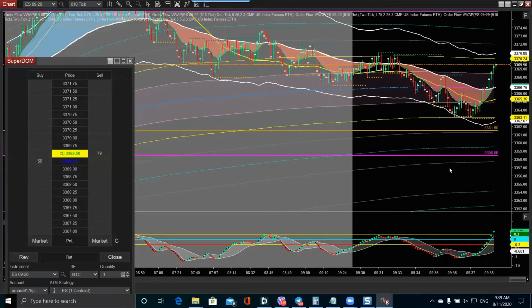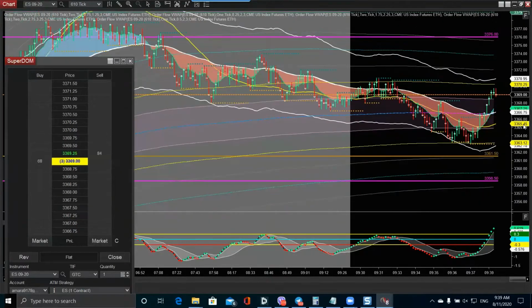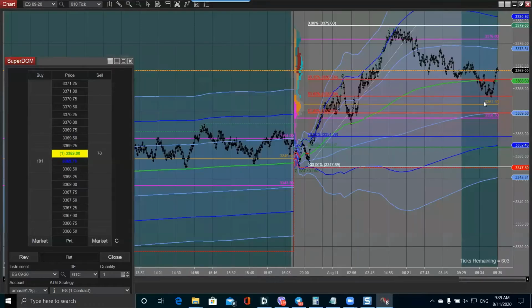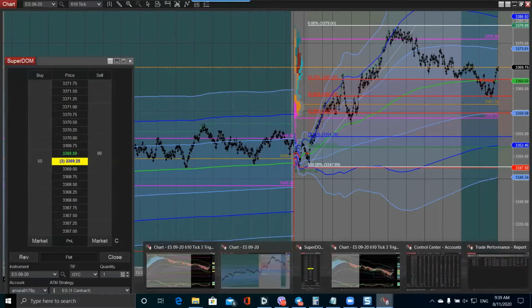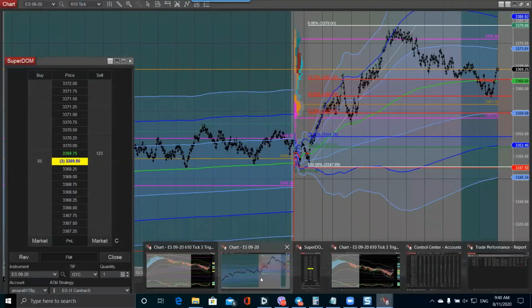The immediate momentum is to the upside, which we were expecting, because looking at this, it basically bounced off of 50%. So now we're just going to see if we can get into the position here, because the overall momentum is up.